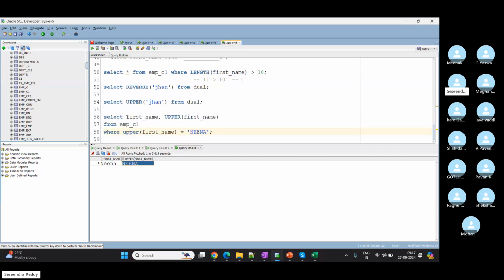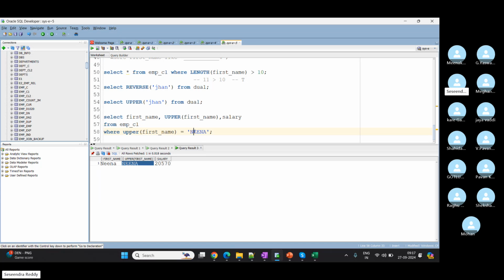So upper first name, and I'm giving uppercase characters only, right? So NEENA. Okay, what else do we need here? Let's go with the salary to make it clear. So you see the actual data we are storing in this format, but after using the upper function it is converting all characters to uppercase, and then it is matching with our input.